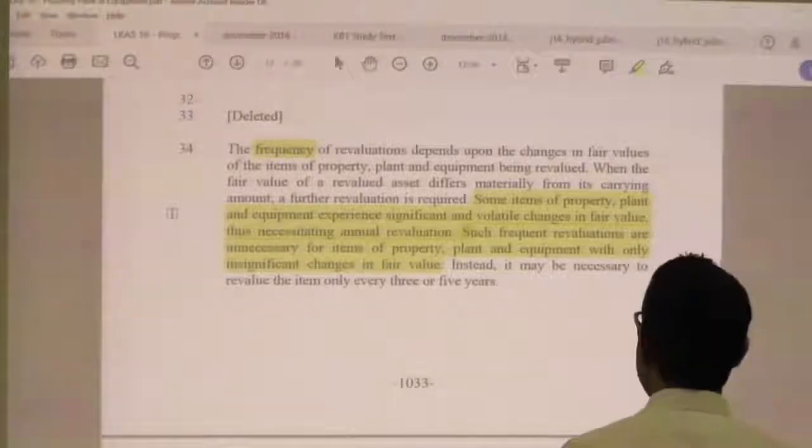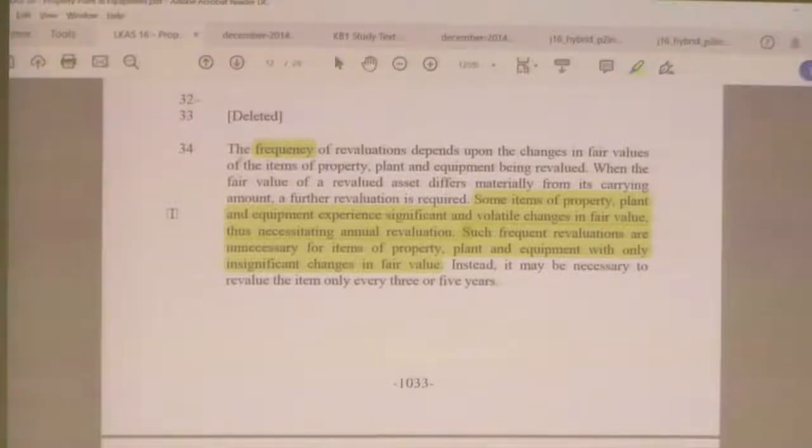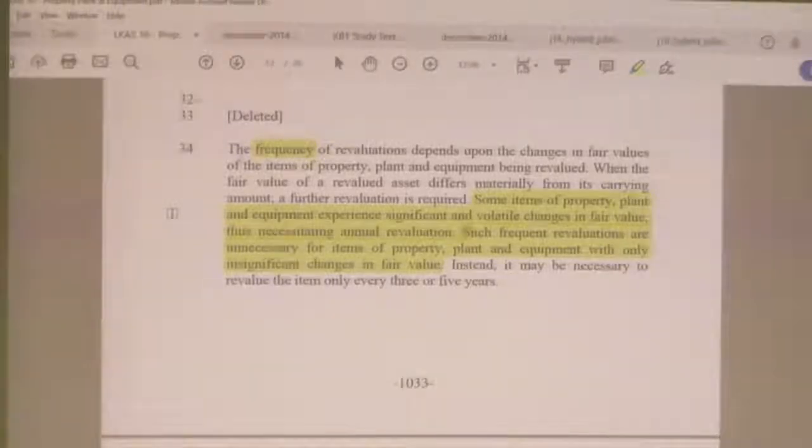Some items of property, plant and equipment experience significant, volatile changes in fair value. Some assets may have significant volatility in the market. Such frequent revaluations are unnecessary for items of property, plant and equipment with insignificant changes in fair value.